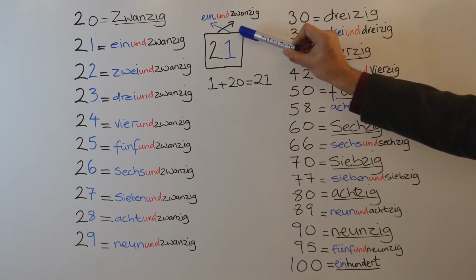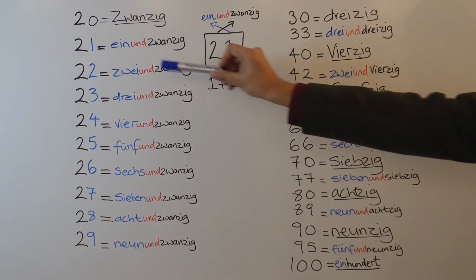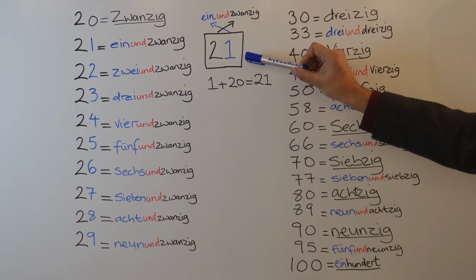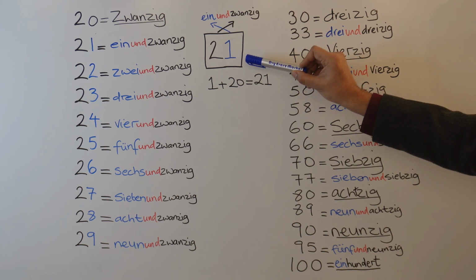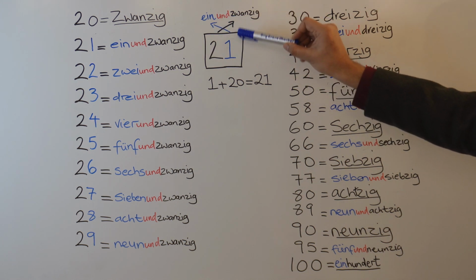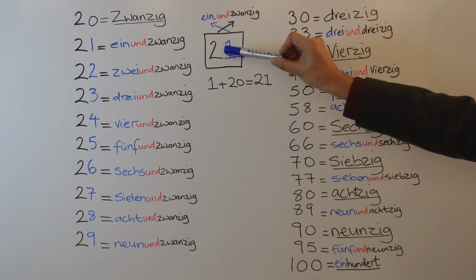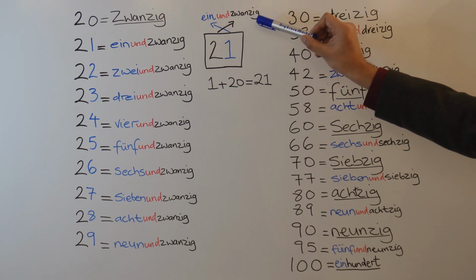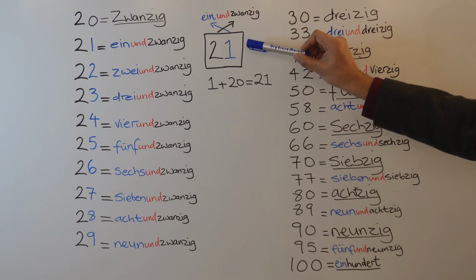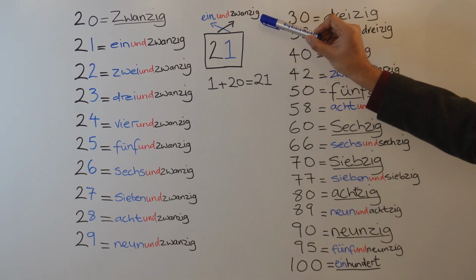And the other thing that you must note over here is that the second number, which is in blue over here, will always be pronounced before. So that means I will say 1, ein, and then I will say and, and then the 20, 21. So the second number will be pronounced before.